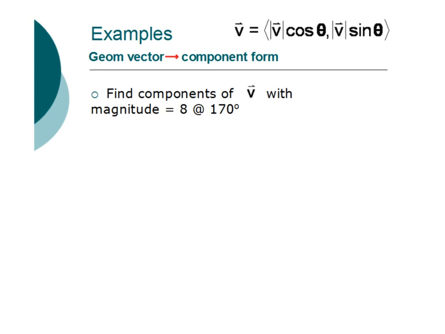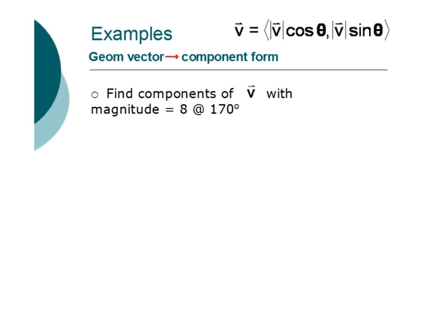All right, so if I had given you a vector when we were doing the geometric vectors, and I told you the magnitude is 8 centimeters or 8 units, whatever it is, and it was going to go at 170 degrees, you'd have to draw that out. Now I want you to take that geometric vector and turn it into component form just using our formula.